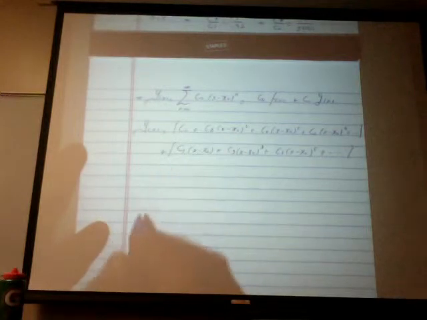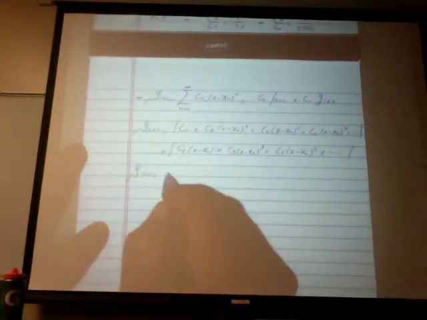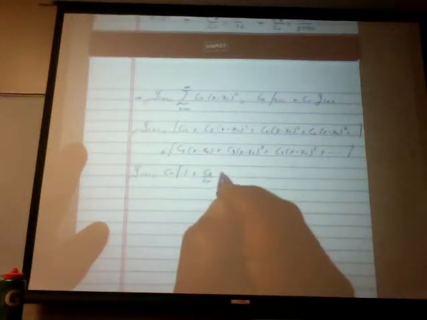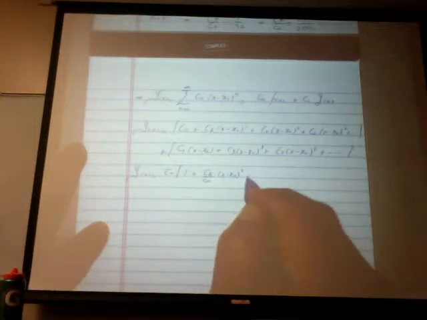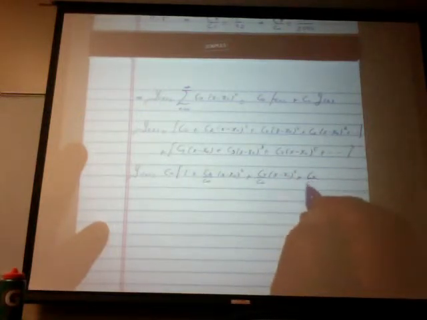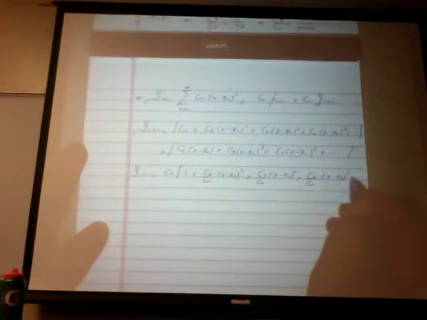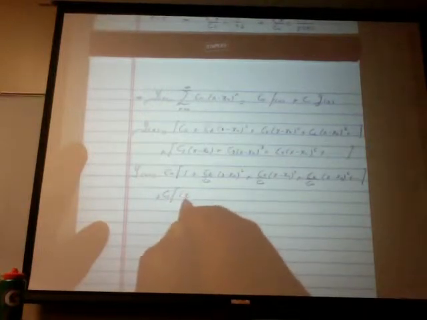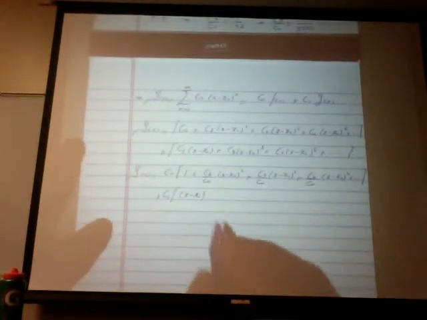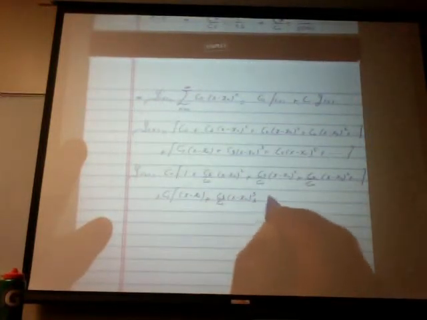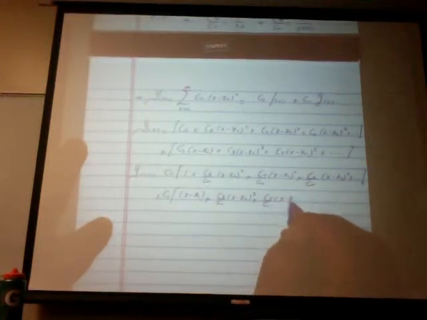Again, I can take C0 as a common factor and C1 as a common factor here. y of x will be C0 times 1 plus C2 over C0, x minus x0 squared, plus C4 over C0, x minus x0 to the 4, plus C6 over C0, x minus x0 to the 6, plus C1 as a common factor, that's x minus x0, plus C3 over C1, x minus x0 cubed, plus C5 over C1, x minus x0 to the 5.